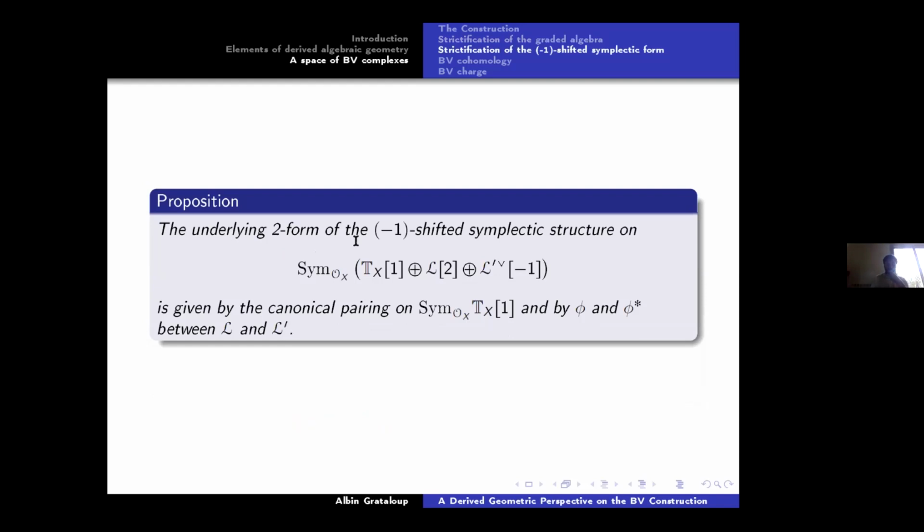The next thing is understanding the symplectic structure once we have this form. The isotropic structure and the non-degeneracy condition imply that both of the underlying two forms are going to correspond to the pairing between these two.